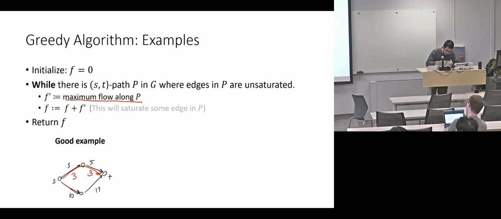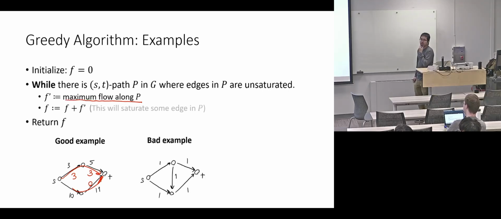What is the next path that is possible? You cannot use this one anymore because it is saturated. Well, just find another path here, right? And what's the maximum flow that you can send here? 10 and 10. So just send 10 flow here. So that's a good example.